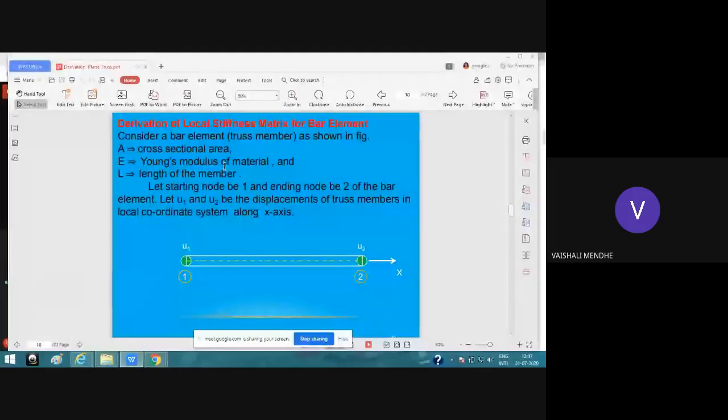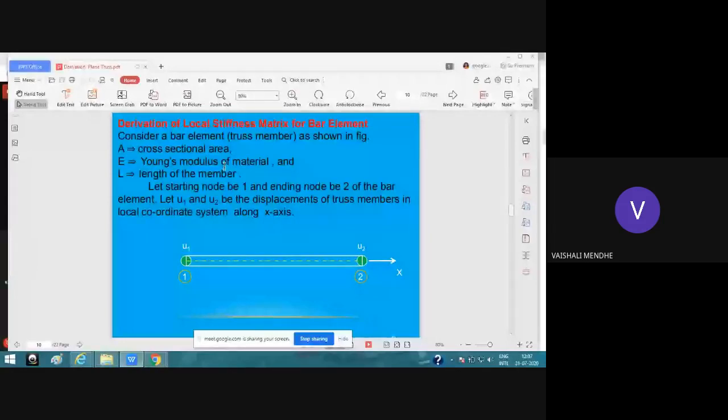This derivation can be asked in this way also: derive the elemental stiffness matrix for a plane truss along the member axis, or along the local axis. That is the derivation of the elemental stiffness matrix along the member axis, or the local stiffness matrix for a bar element.